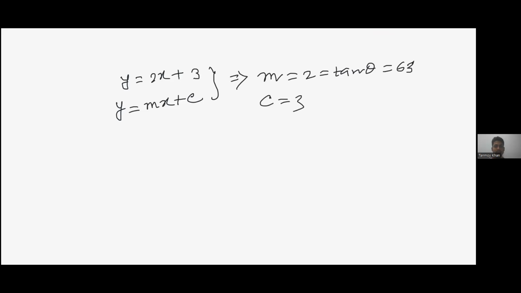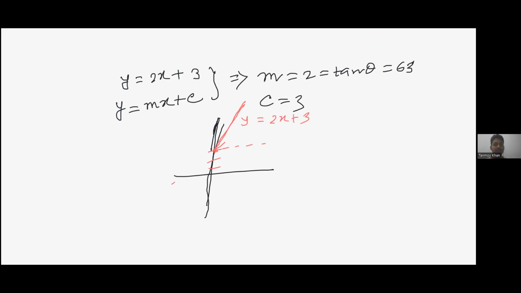So if you just draw this from whatever you have learned already, pardon me for my bad writing, it will intersect at 3, and it will make around 63 degrees. So this will be your line, y is equal to 2x plus 3.